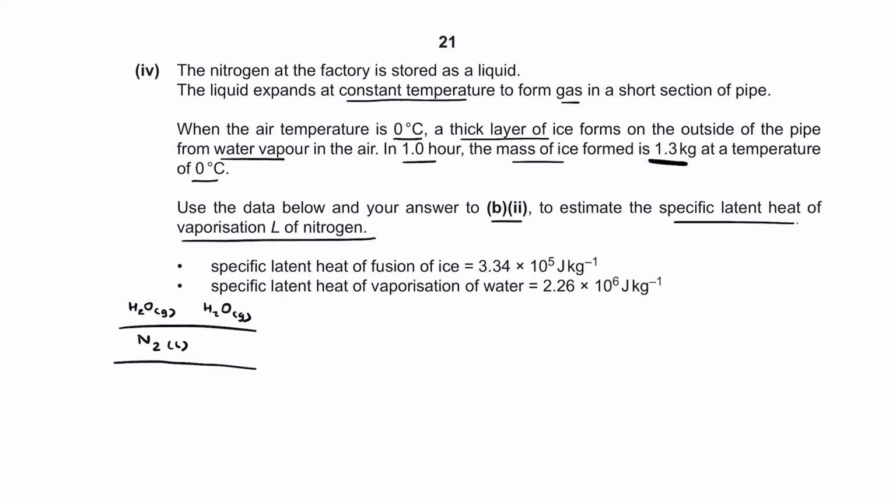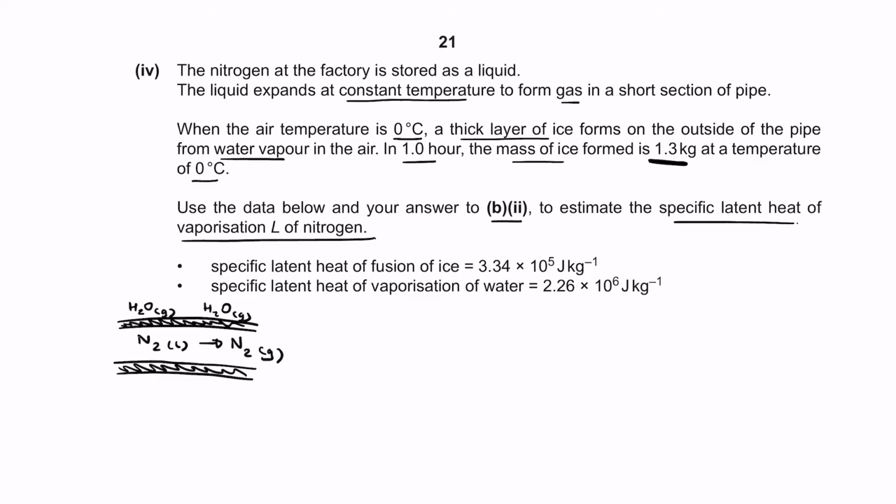They end up forming a thick layer of ice, which is basically the solid form of water. And so the energy is essentially transferred from this water vapor turning into ice, and then the ice giving the energy to this liquid nitrogen, so that this liquid nitrogen turns into gaseous nitrogen.